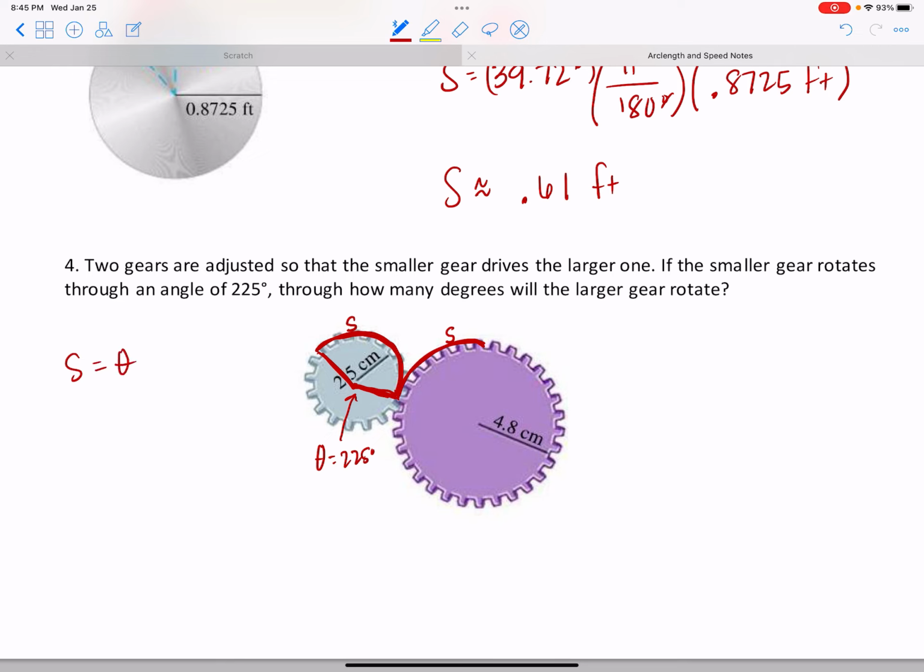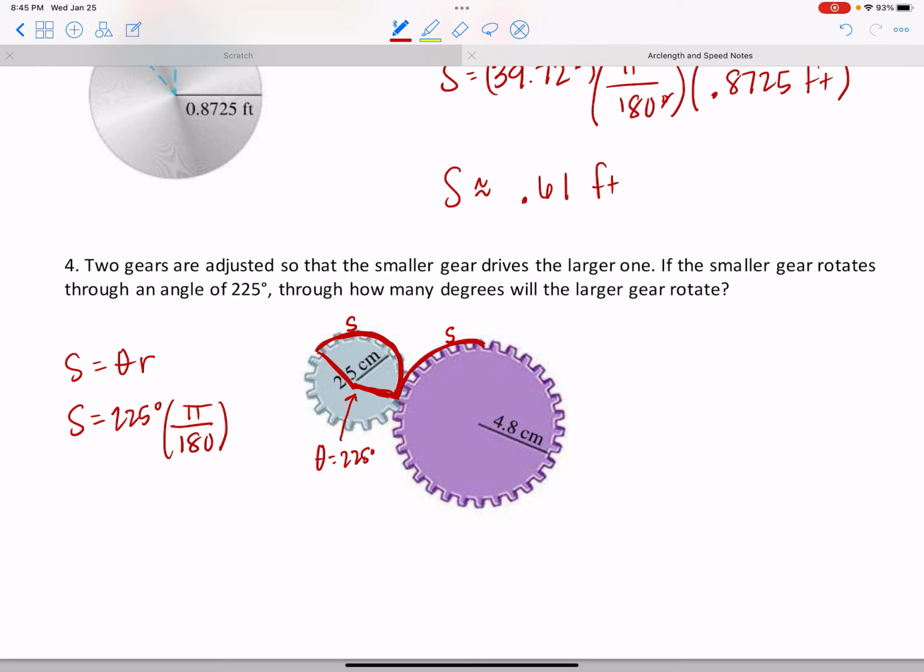Again, it's going to be angle times radius. Angle, they told us, is 225 degrees, but that needs to be converted. So multiply by pi over 180. Unless you already know the conversion, 225 degrees, that's just 45 degrees into quadrant 3, which, remember, those 45s are fourths, so not 4/4, but another fourth would be 5/4.